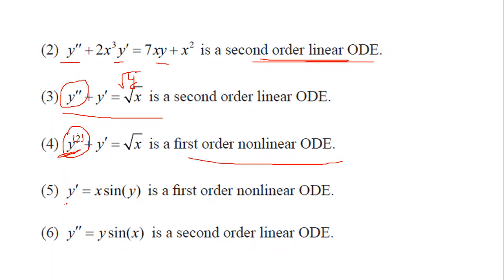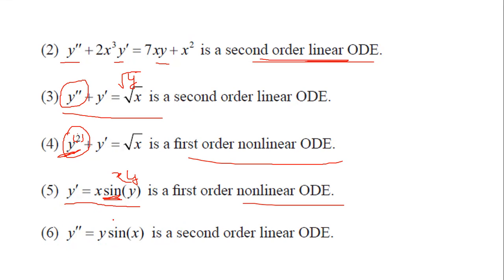See that y dash equal to x into sin y is a non-linear ODE. If instead of sin y only y is there, y dash equal to xy, then it is a linear ODE. If it is multiplied with a transcendental function, sine or cosine function, then it is non-linear. See the sixth one, a very simple example.